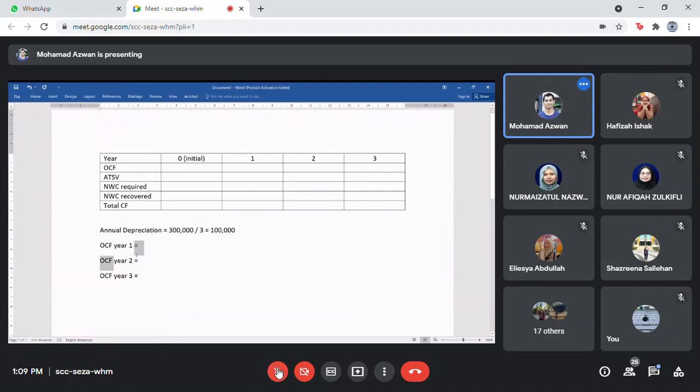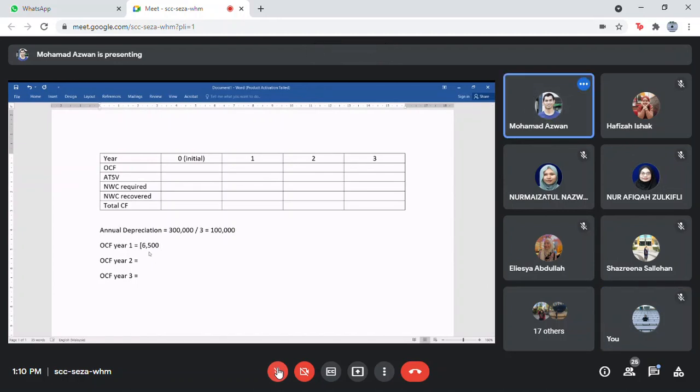After that you calculate operating cash flow for every year. You can use either the top-down approach or the tax shield approach. Up to you, because any approach will give you the same answer. Here I use the tax shield approach. So the first item is Q. How many units for year 1? 6,500.